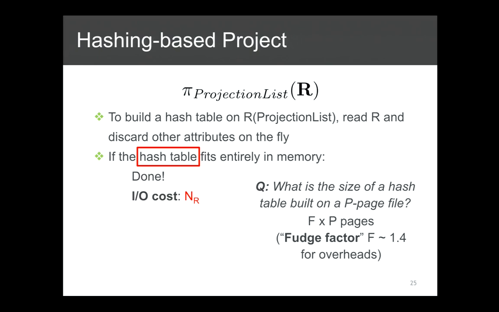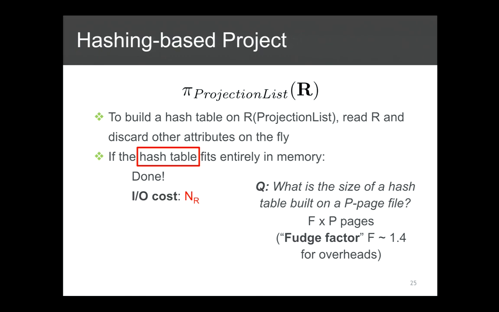Because we are using extendable hashing index typically, you could also use a static hash index, but typically extendable hash index is used. To account for the hash table size, you have to account for what is called the fudge factor. The fudge factor accounts for overheads, and this is just an implementation convenience that database system people have adopted. Actual size can differ.